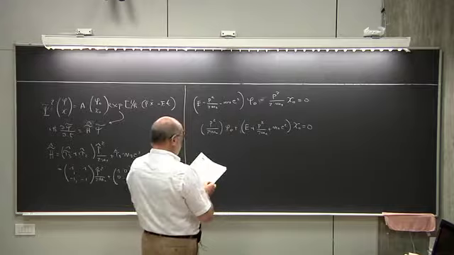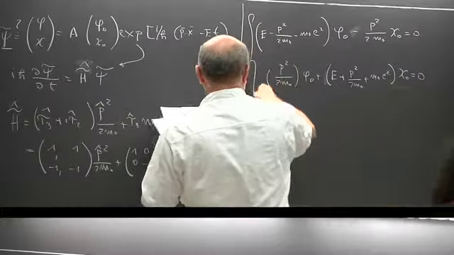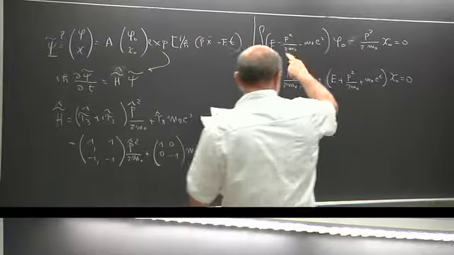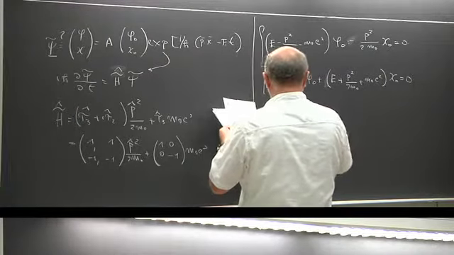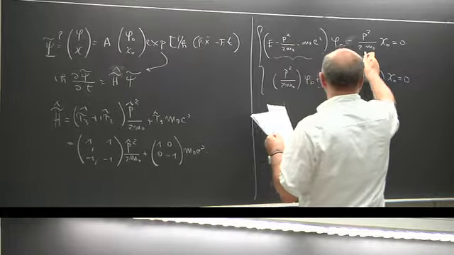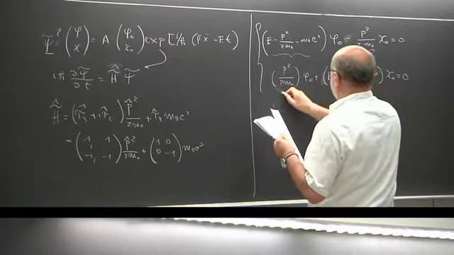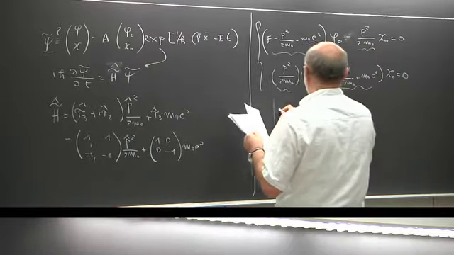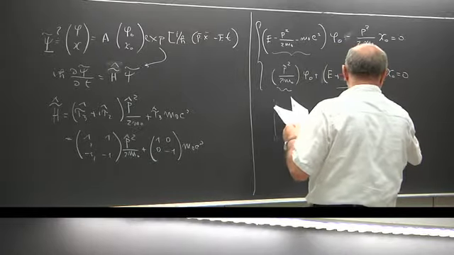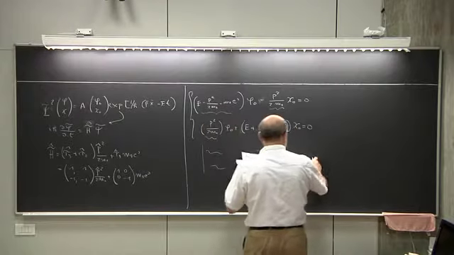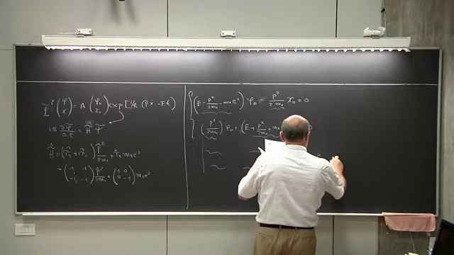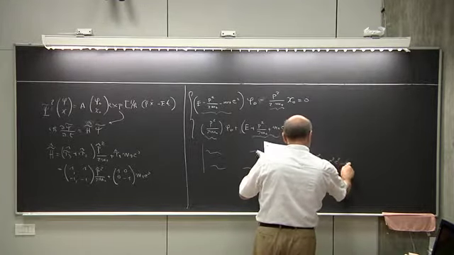In order to have a non-zero solution, because we don't want 0 and 0, the determinant of the coefficients must be different from 0, and the coefficients are these, these, these, and these. If you put the determinant equals 0, the result we got is that the energy that enters there must satisfy the mass shell condition.